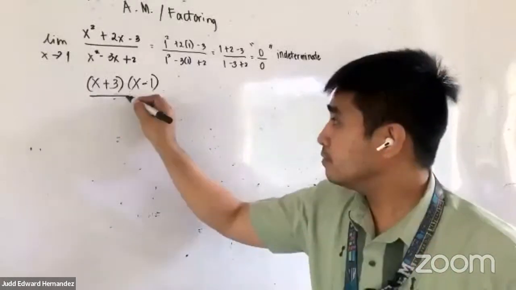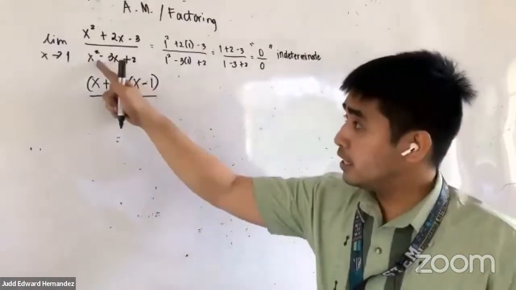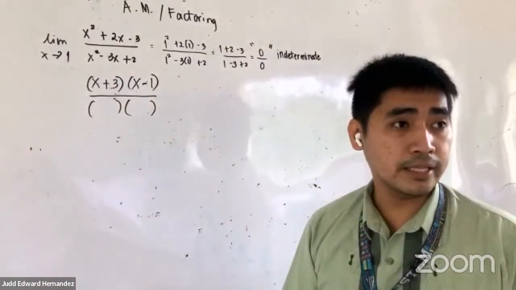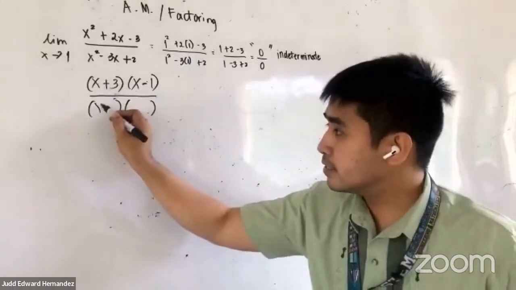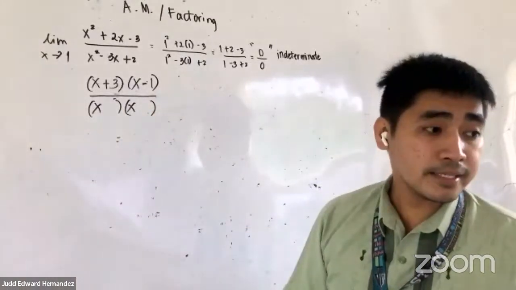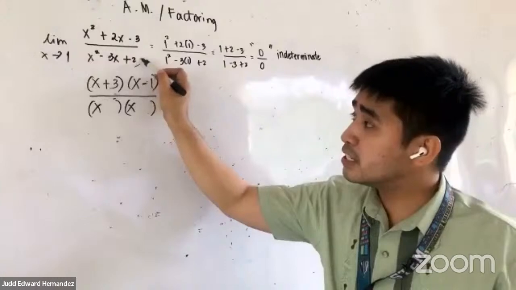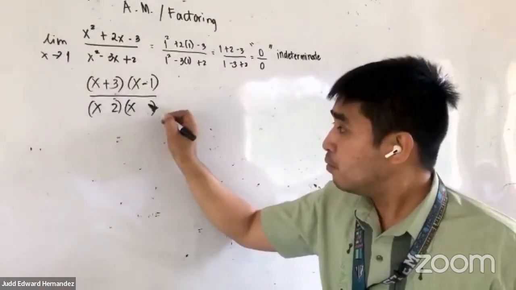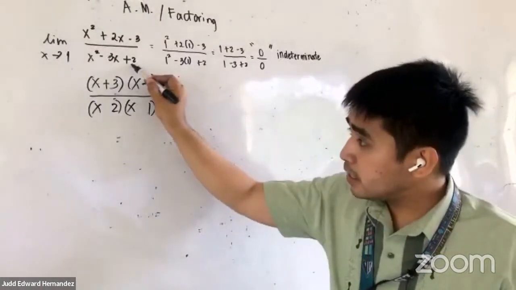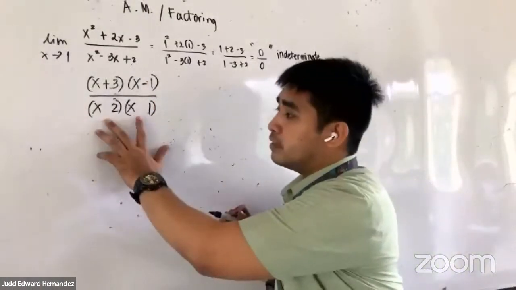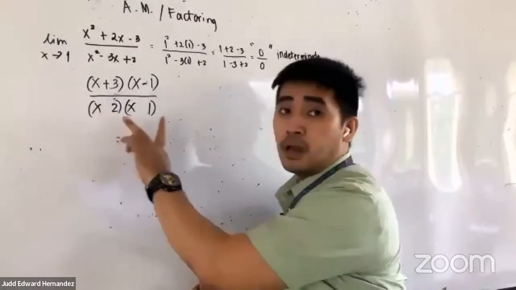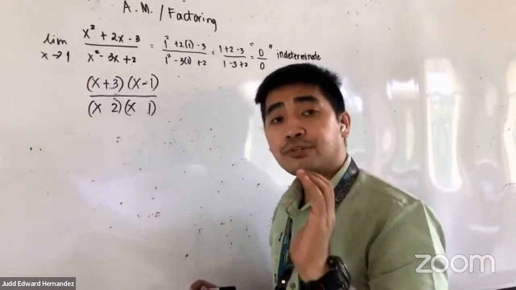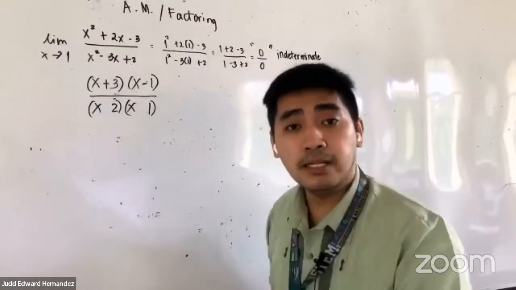Okay. Since we are dealing with x squared minus 3x plus 2, let's write the parentheses to indicate that there will be factors. This is x, this is x. Since this is positive 2, the factors of positive 2 would be 2 and 1. But the sign of the factors will depend on the sign of the middle term.